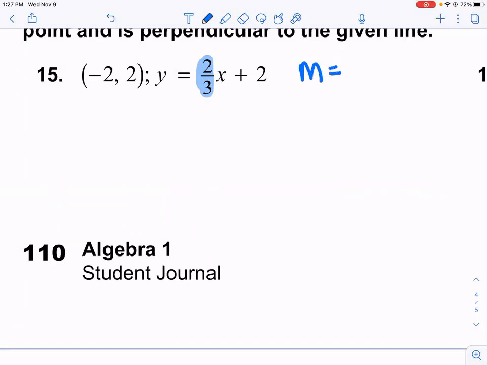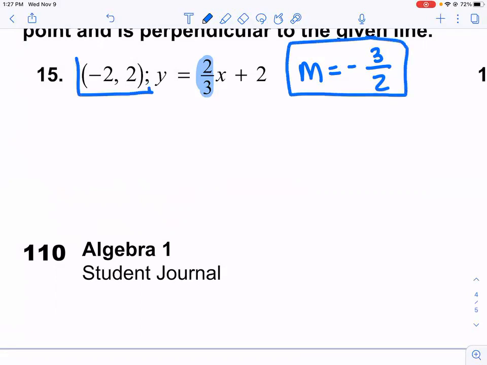Okay, if this line has a slope of 2/3, then our line perpendicular is gonna have a slope of what? Okay, opposite, reciprocal. So here's our slope and here's our point. Does anybody have a question about why we have -3/2 for our slope?